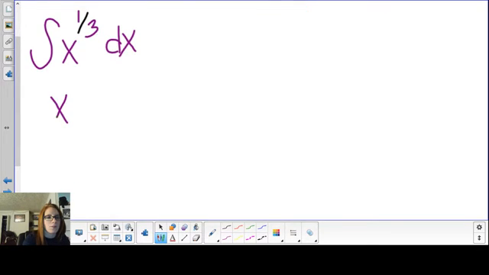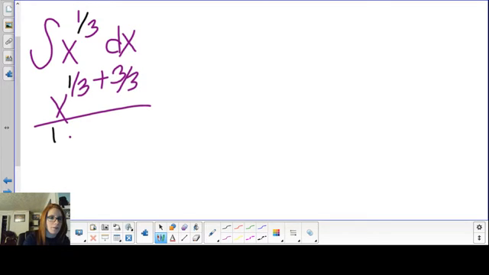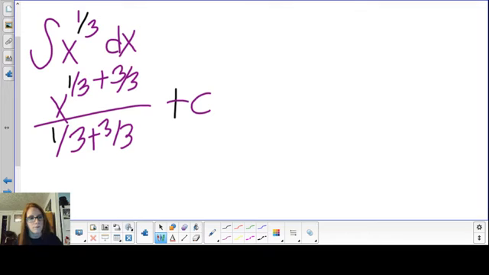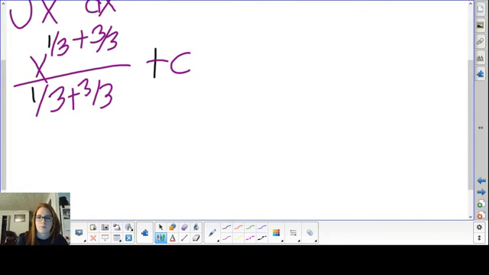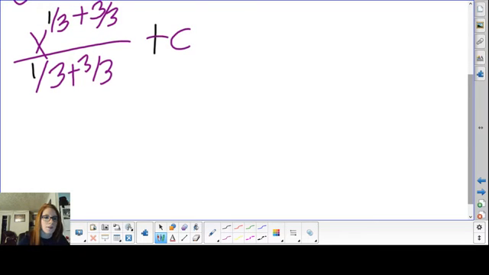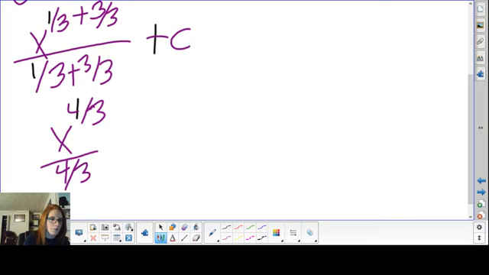So I get x to the 1/3 plus 3 over 3 over 1/3 plus 3 over 3 plus c. So it gives me x to the 4/3 over 4/3 plus c.